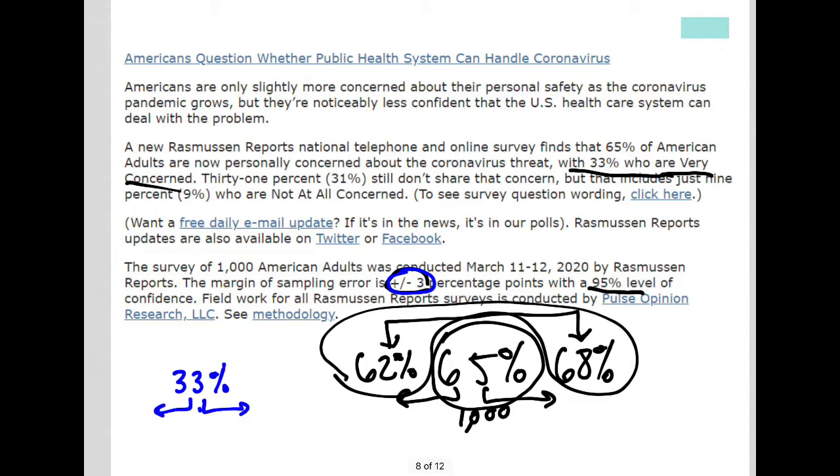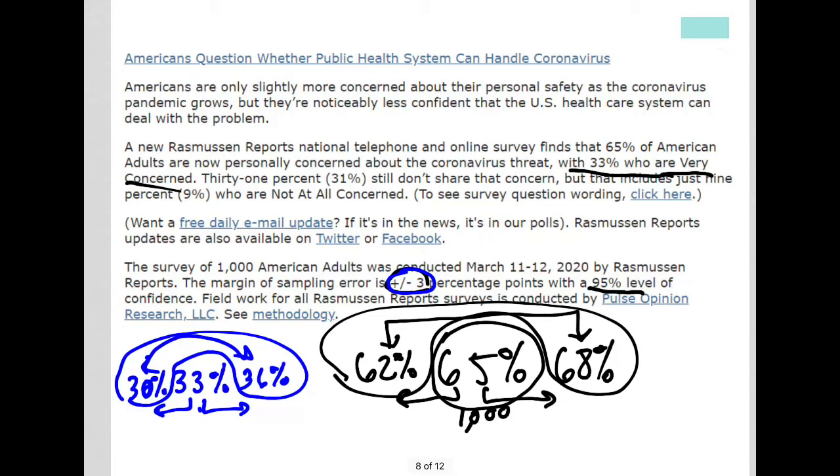So if we go up and down 3, that's 30% and 36%, basically if I'm adding and subtracting 3. So really, they're saying that they're predicting the population percentage of people who are very concerned about the coronavirus are between 30% and 36%. So that's how you interpret a margin of error.